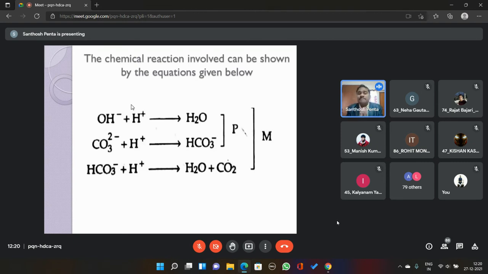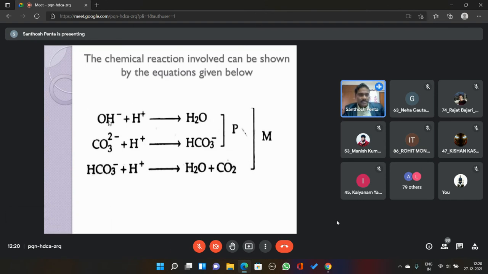So there are possible combinations of alkalinity: either hydroxide ion alone, carbonate ion alone, or bicarbonate ion alone, and at the same time, hydroxide and carbonate together may cause the alkalinity, and carbonate and bicarbonate ions together. That means there are 5 possible combinations.